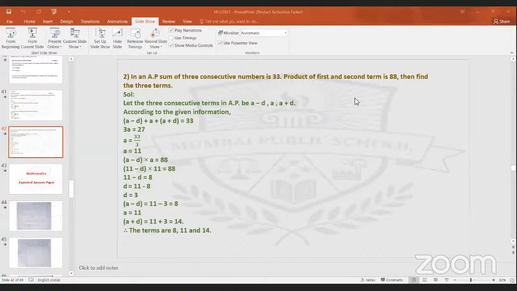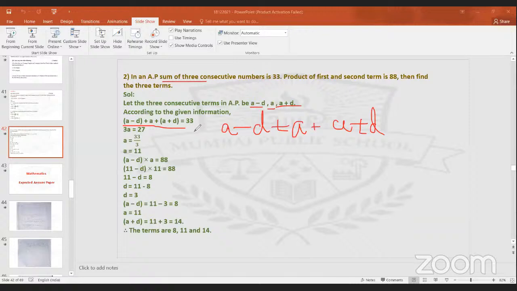Now see, consecutive terms, meaning one after the other. So here, when there are three terms, you assume them as a minus d, a and a plus d. First important condition: sum of the three consecutive numbers. Sum means you will add. So a minus d plus a plus d.